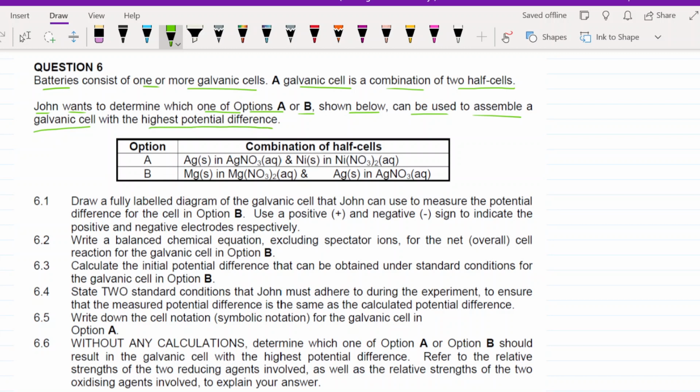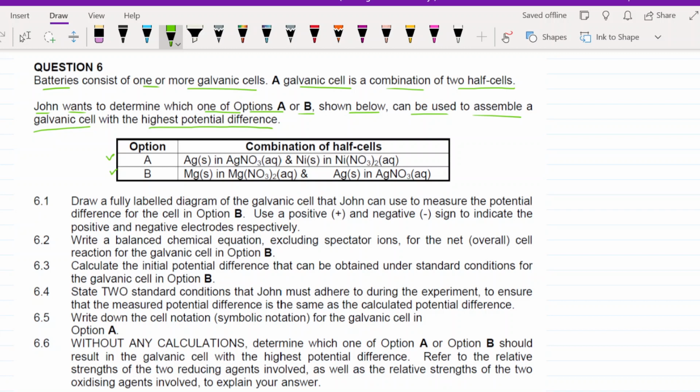So you can hear from the statement that John has two options, option A and option B. So he wants to know between option A and option B, which of these two combinations will give him the highest potential difference. So before we go to the questions, let us look at the table and see what is going on here.